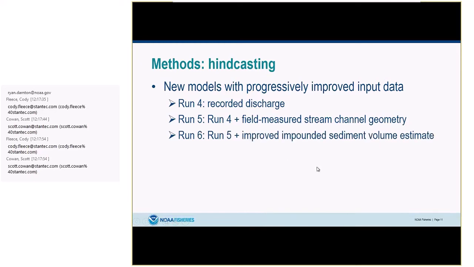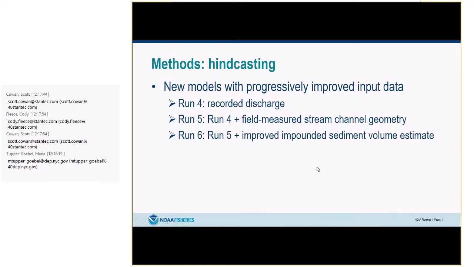So run 6 does all of the above. It has recorded discharge, field measured channel geometry, and it adds an improved estimate of impounded sediment volume. The design engineers for the Simkins dam removal estimated the sediment volume stored behind the dam. The DREAM 1 forecast models assumed the average of the range that they presented.